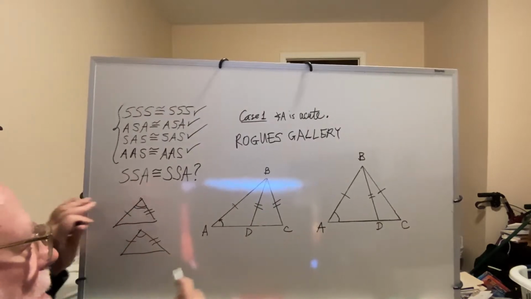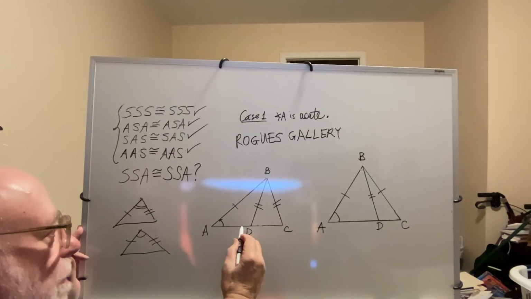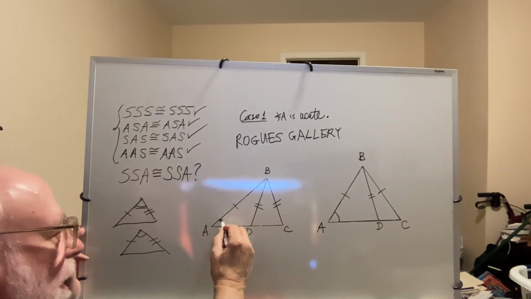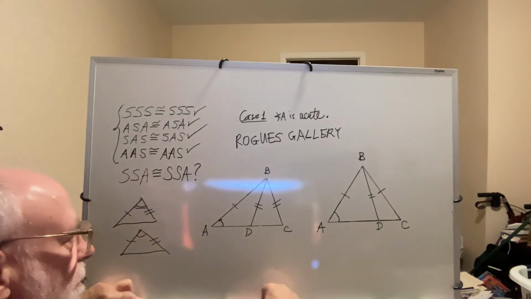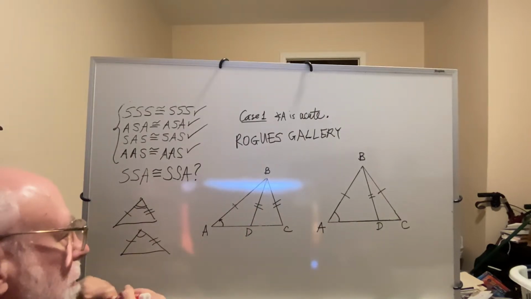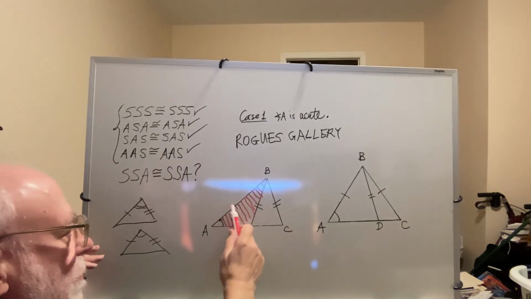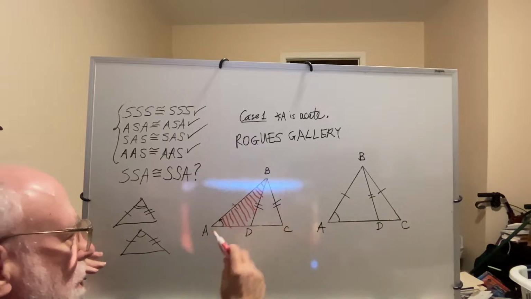Side-side-angle. We have this exhibit here where we have side-side-angle in the triangle on the left, and that's going to have angle-side-side in common with the big triangle ABC.